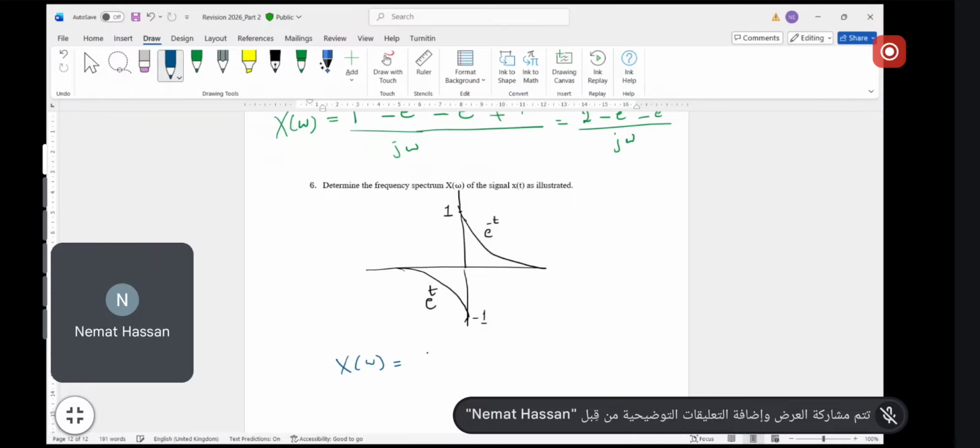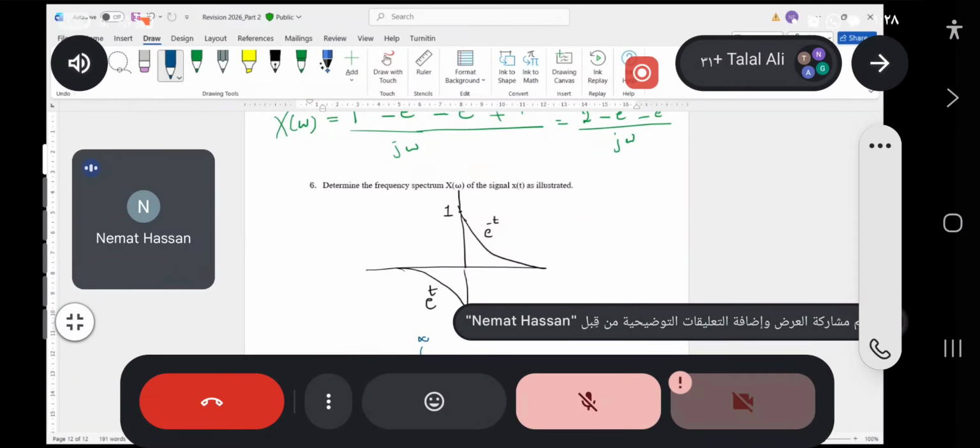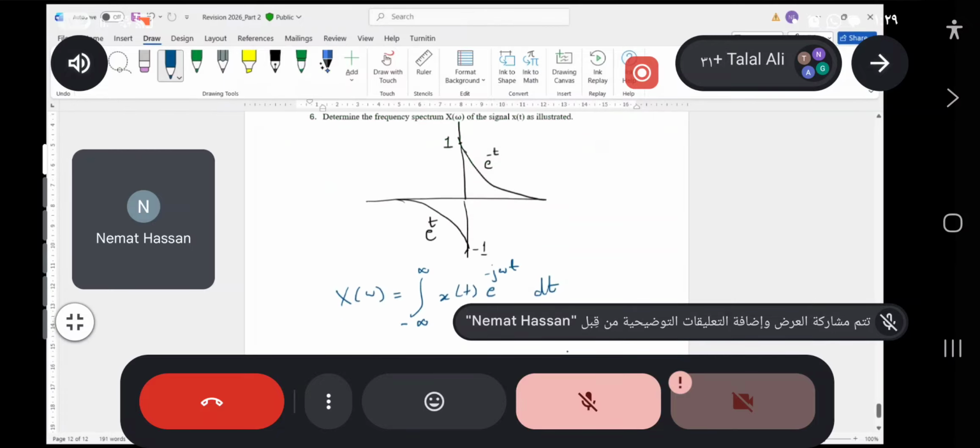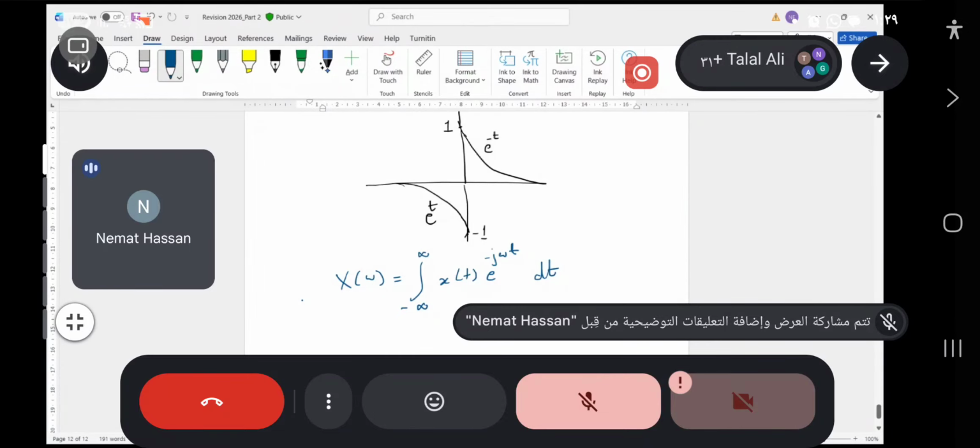Similarly, following the exact same rule, we can find for this one, which is x of omega equal to the integral from minus infinity to infinity x of t e power minus j omega t with respect to t. Again, we have the exact same process. We have two parts, from minus infinity to 0, from 0 to positive infinity. And why are we saying from minus infinity?